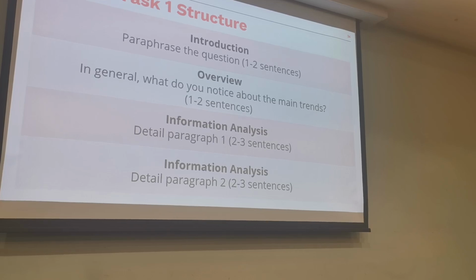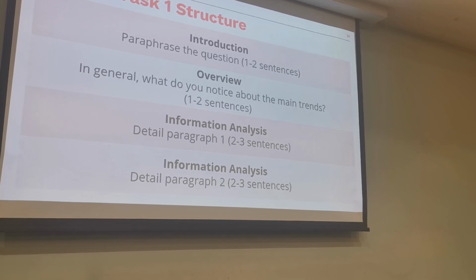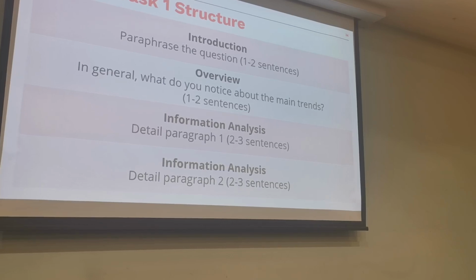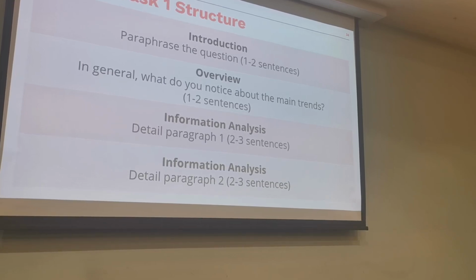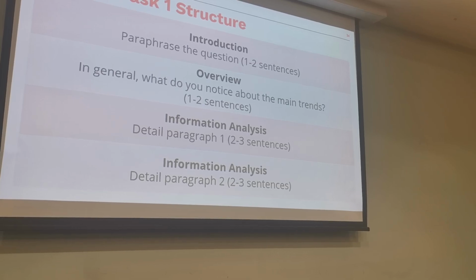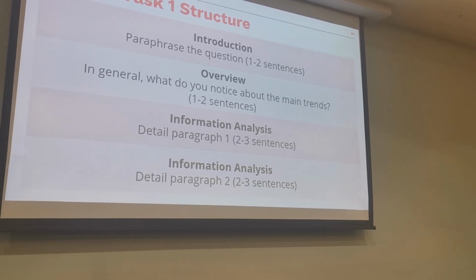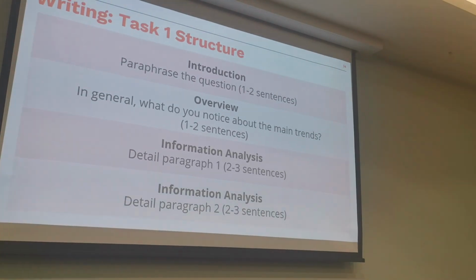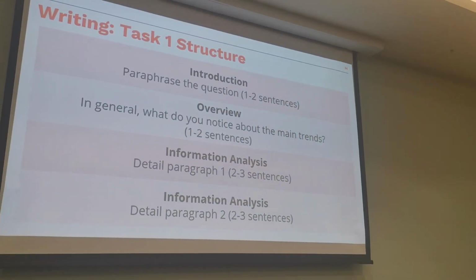Then we give an overview. If you imagine you're reading this report and you cannot see the original data, so you're trying to understand what you're being told, you want to give an overview which is a general view of the main trends. And this will give context for the detail later on.